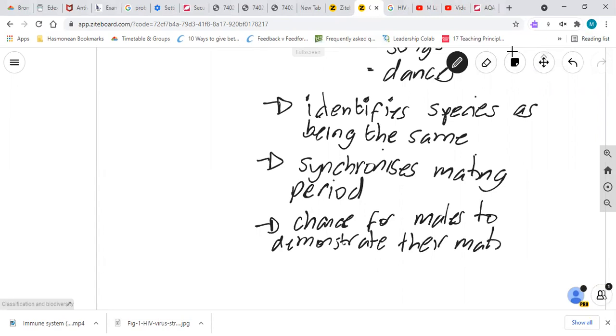So we know that a lot of females will be attracted to the bright colours or organisms that can do a particular dance, etc. So it's a chance for males to do that. Okay, and it's only by having the different courtship behaviours that it allows organisms to actually continue to reproduce and produce offspring that can be brought up, possibly by individuals or sometimes by a group.